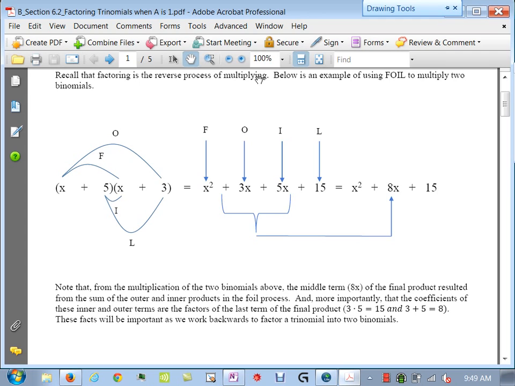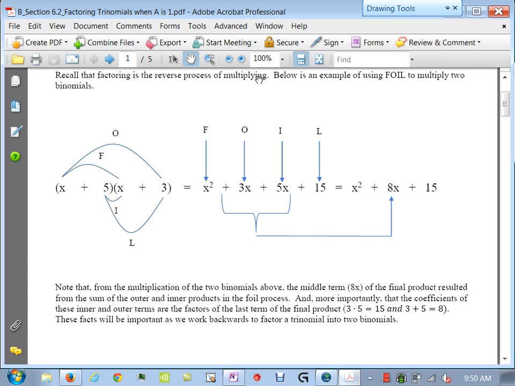So that's what this note says. Note that from the multiplication of the two binomials above, the middle term 8x is the final product resulted from the sum of the outer products in the FOIL process. I can't stand when people try and explain math. Okay, all they're saying here is that notice that 8x comes from the O and the I, right? The outer and the inner parts of FOIL added together, right?